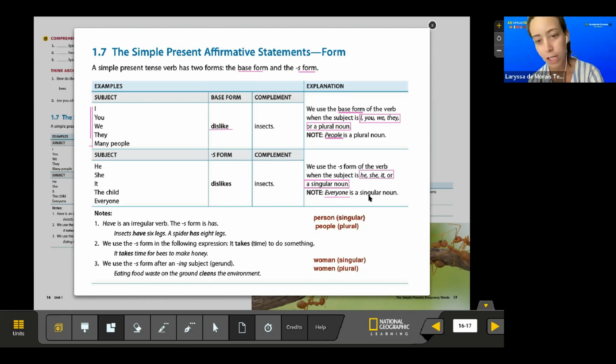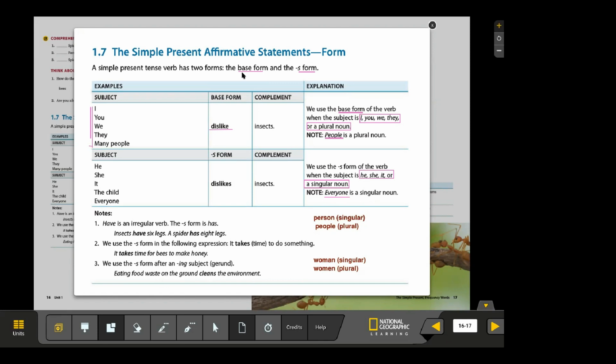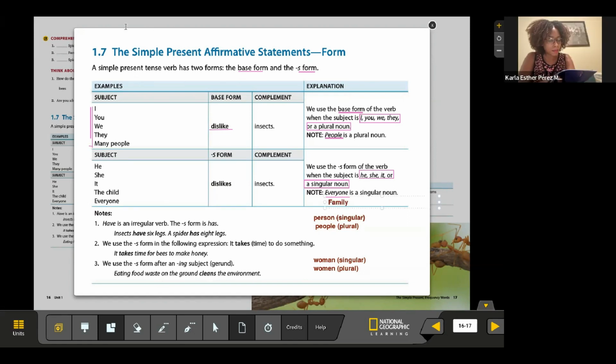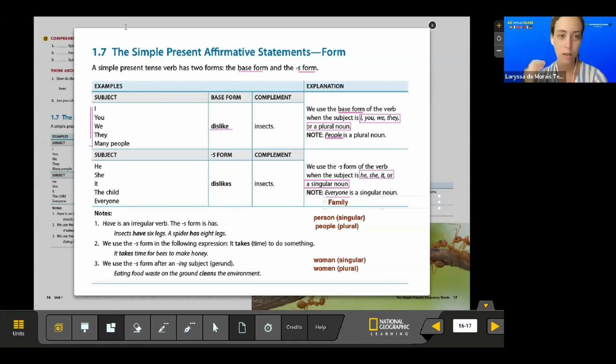The same happens with family. Family, we are talking about a lot of people, usually, but it's a unit. So family is also singular, okay? Now, let's see. Carla, can you read the examples now, the sentences? No problem. Examples. He dislikes insects. She dislikes insects.